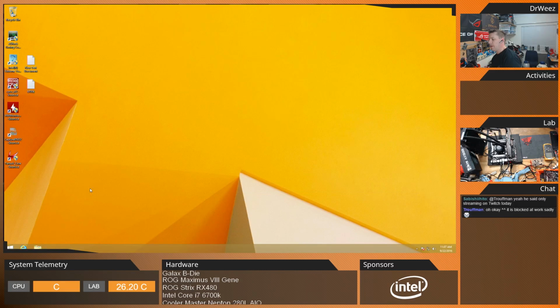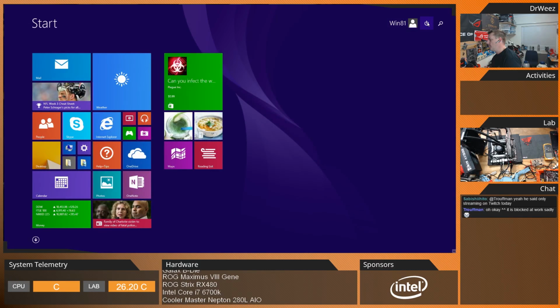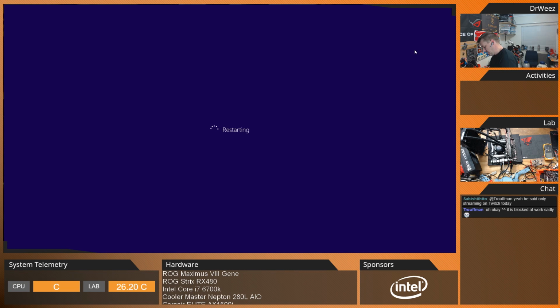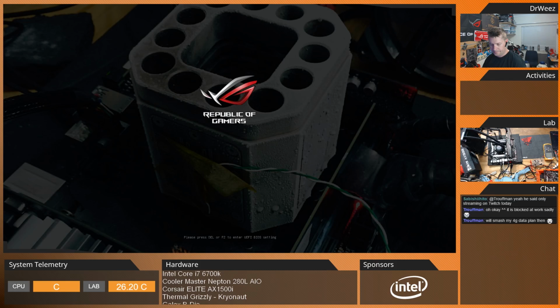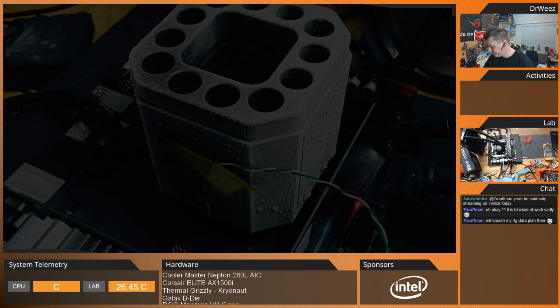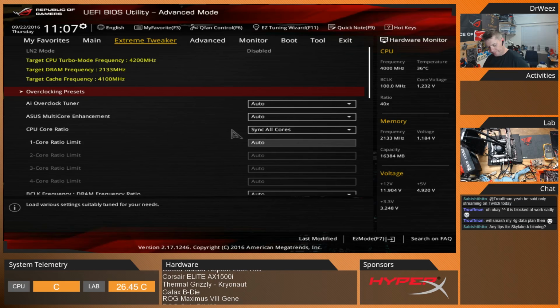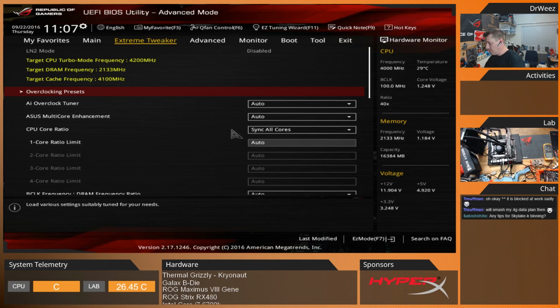So the first place you can get a boost is through pure megahertz, so through the CPU core and the CPU cache megahertz. And let's go ahead and push that up. Okay, so overclocking presets, we will not use any of those.